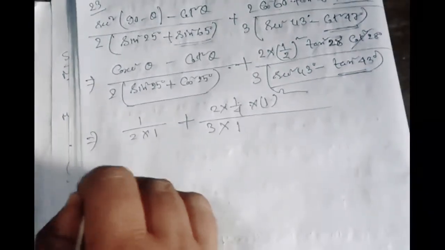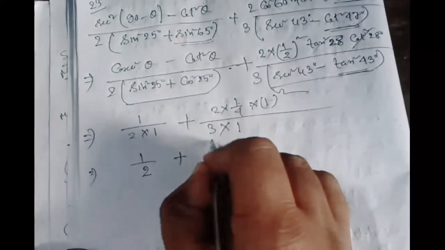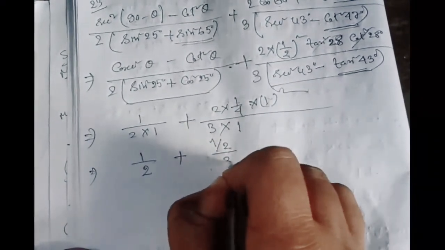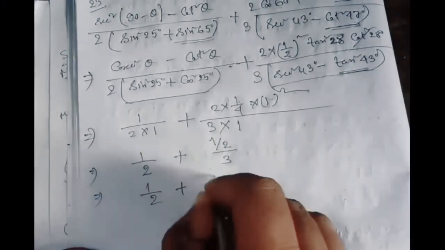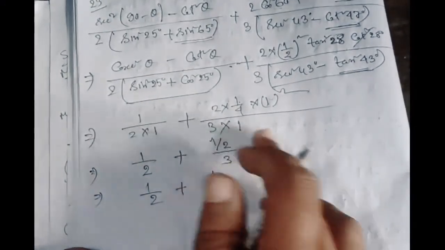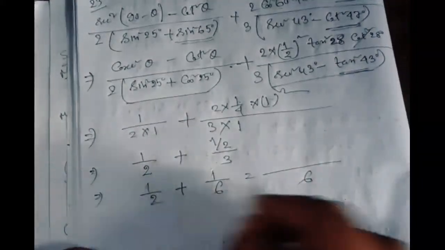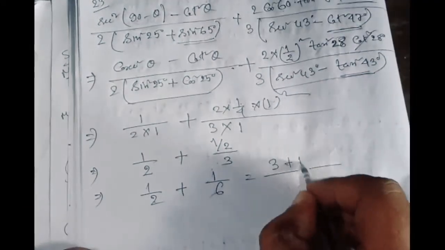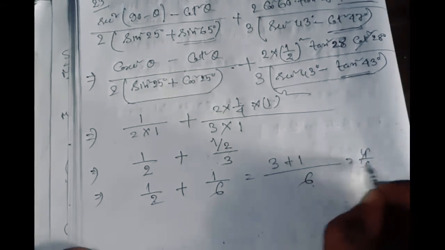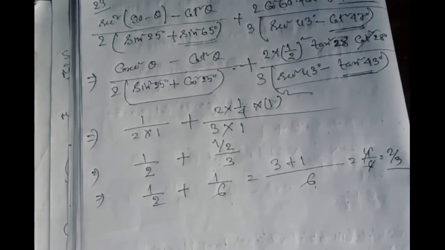Now this is 1 by 2 plus 1 by 2 by 3, that is 1 by 2 plus 1 by 6, means 4 by 6. If you do the calculation, 2 by 3 will be the answer. This is question number 23.